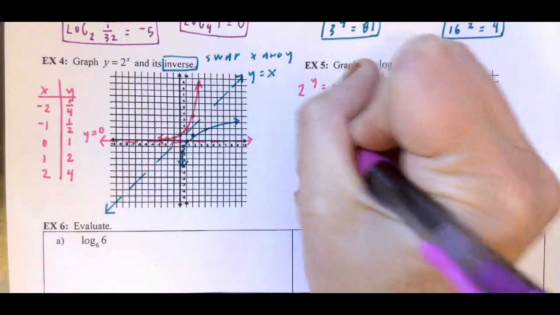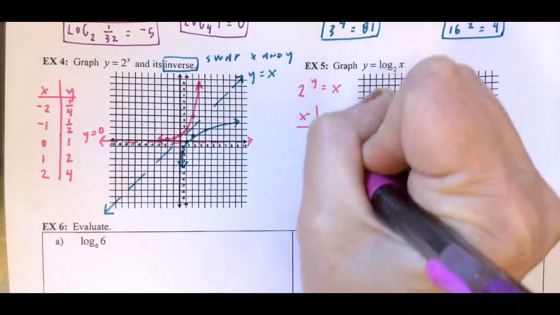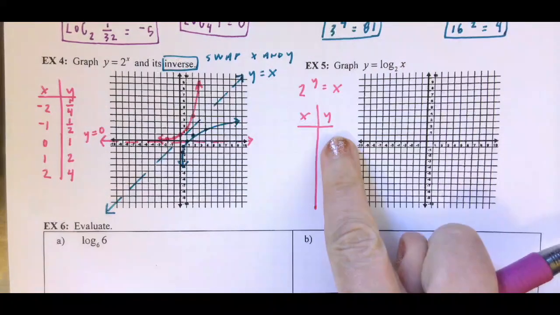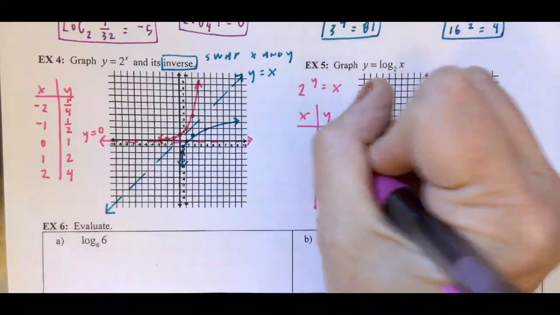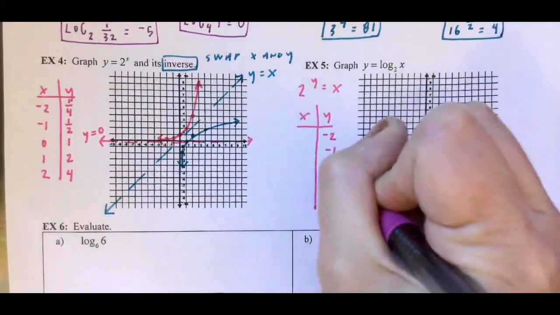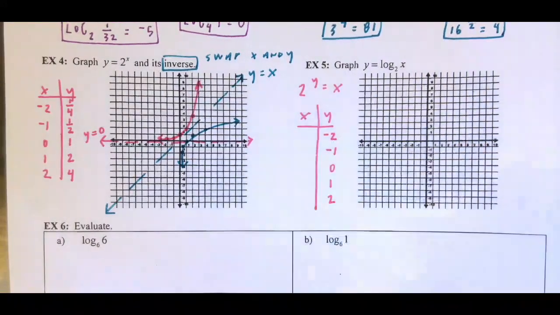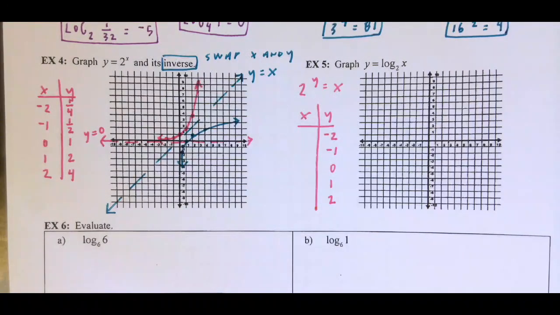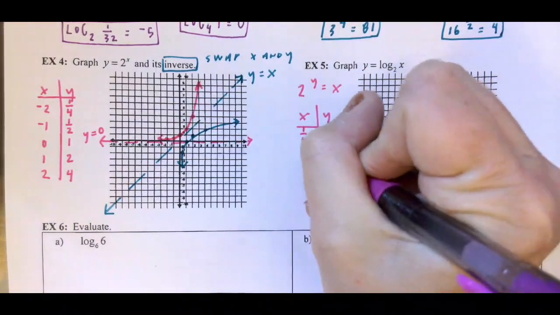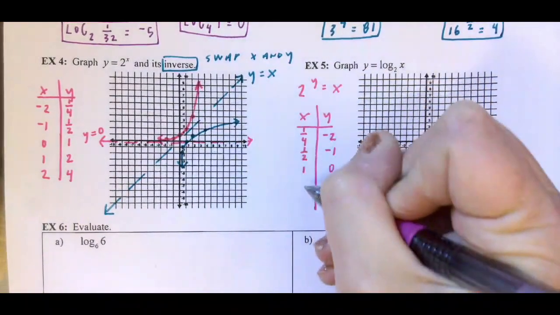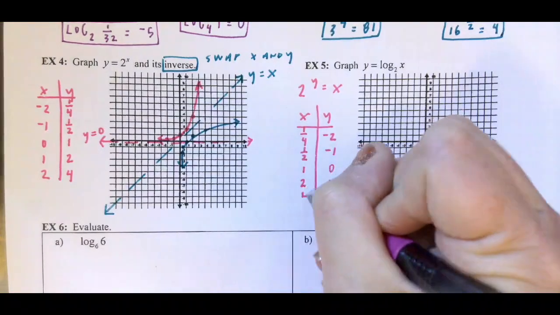So if I picture this with a table, then I'm thinking of y as my inputs and x as my outputs. So if I plug in a -2 all the way up to +2 like that, right, then I'm going to output 1/4, 1/2, 1, 2, and 4.